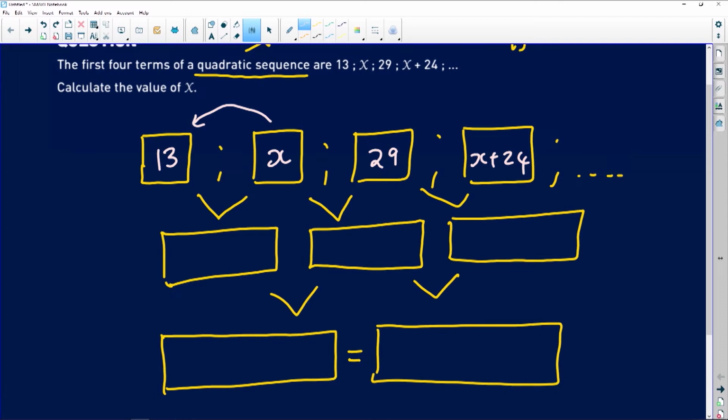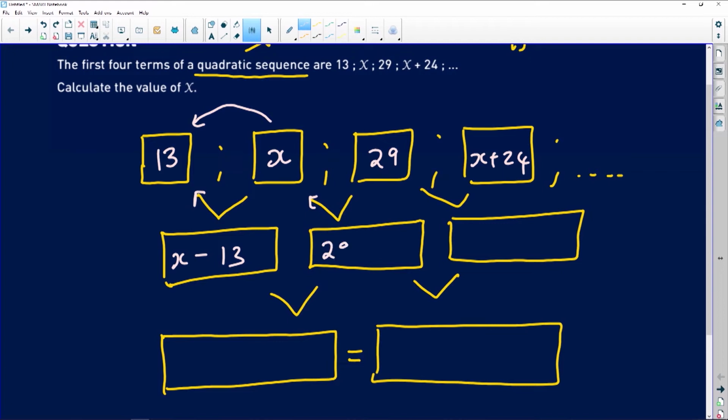We don't do term 1 minus term 2. That will be the wrong order. The subtraction is always in reverse. That's how you actually work your subtraction. So what I'm going to get here is x subtract 13. And I don't know the value of x, so this is going to just come down as x minus 13. And then the next one is going to be 29 subtract x. Again, like I said, we do reverse subtraction.